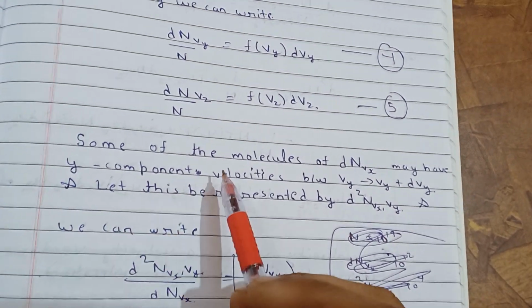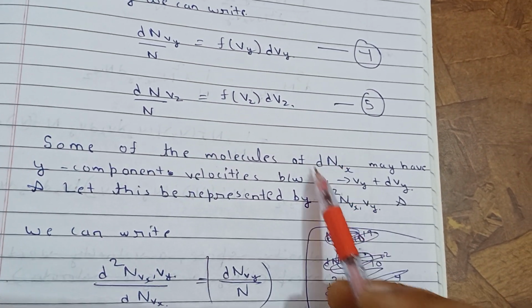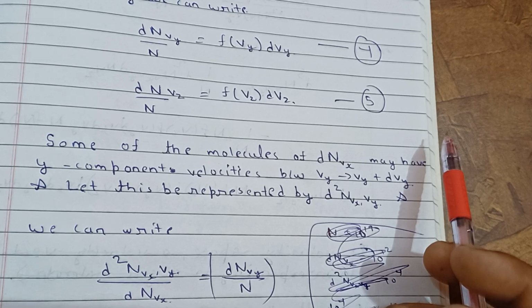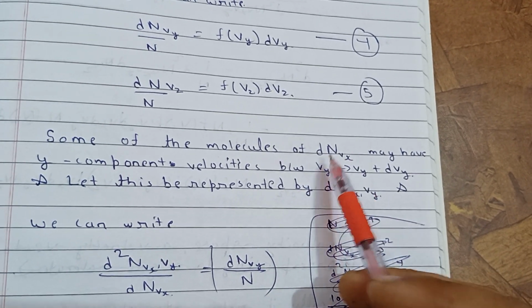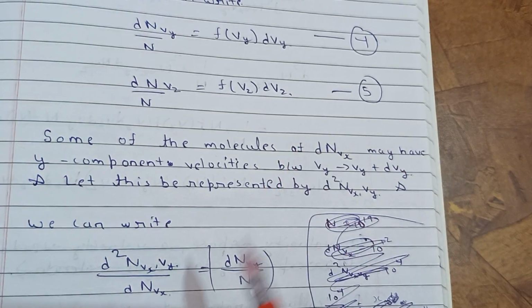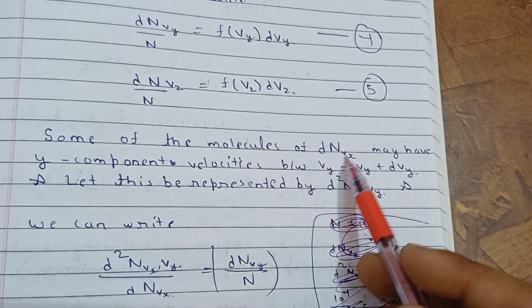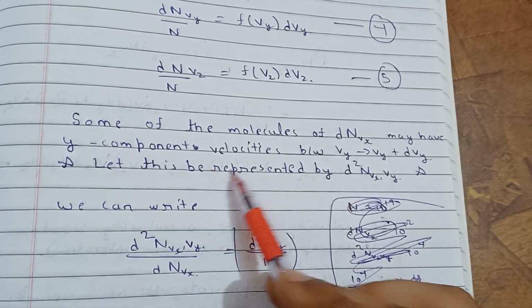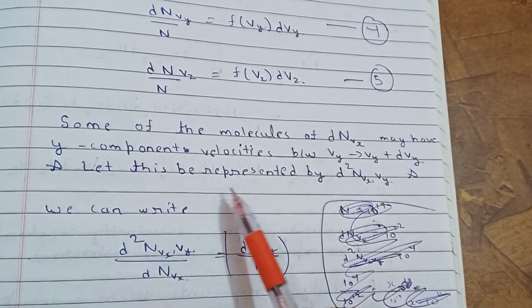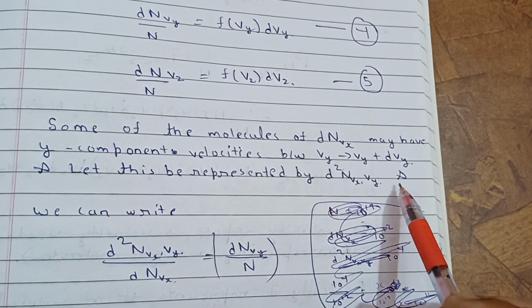Now there are dN_vx particles whose x component lies in that region. Among these particles there may be some whose y component also lies between vy and vy plus dvy. Let this be represented by d²N_vxvy.